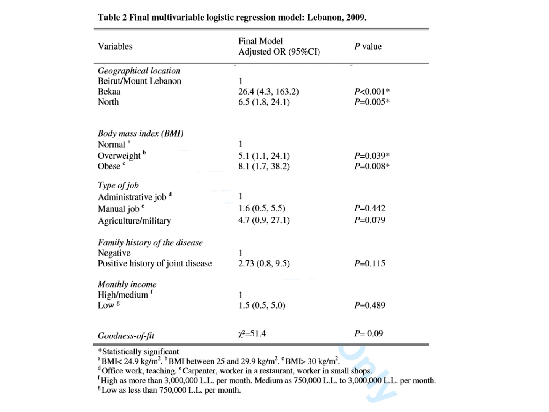Overweight and obese were associated with higher odds of knee osteoarthritis. An agriculture type of job was not related after controlling for other variables, neither the family history of the disease nor the monthly income. So what was important was where people resided and the body mass index.